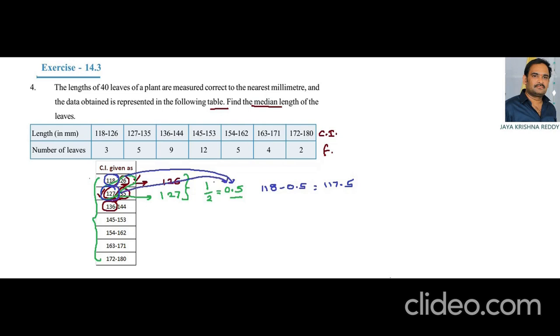Subtract 0.5 from that one. 127 minus 0.5 is 126.5. In the same way, subtract 0.5 from all the lower limits of the class intervals. So these are the lower limits of the class intervals.